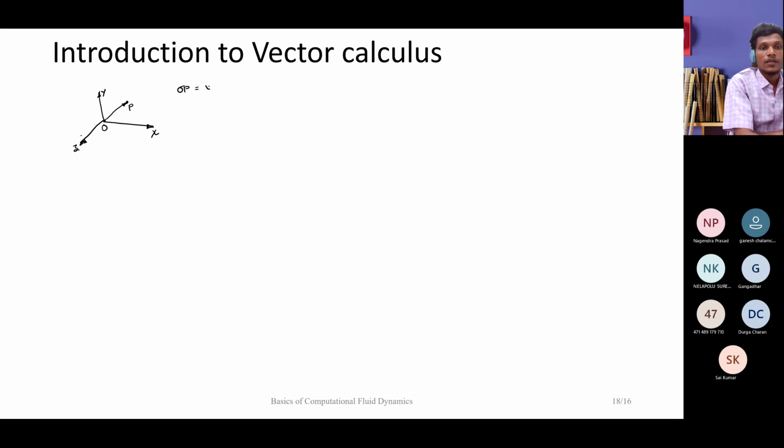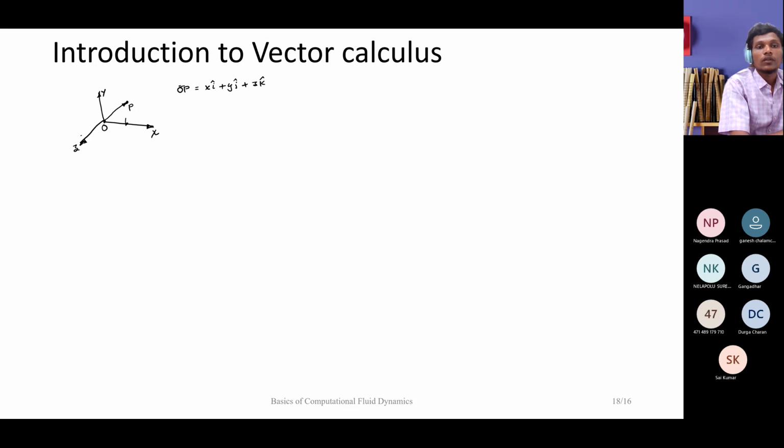OP vector is x i cap, that means you need to travel a distance x from here to here, and you have to travel a distance y j cap from this point to this point. Then you need to move in the z direction also, which is perpendicular to the plane of our paper. So the OP vector is x i cap plus y j cap plus z k cap.